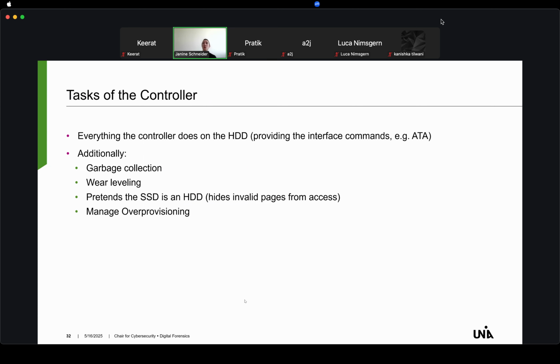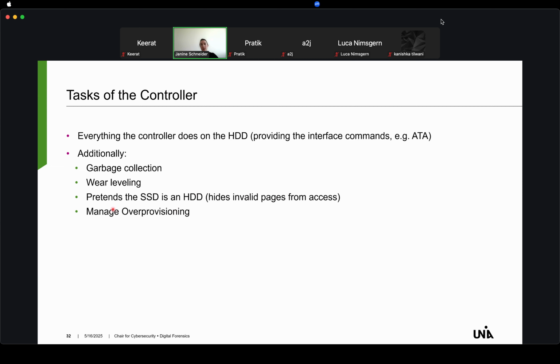So the controller tasks of an SSD are actually everything the controller for HDDs does: providing the interface, providing the commands, everything that is needed to communicate with the device the SSD is connected to. But also garbage collection, wear leveling, trim, over provisioning.